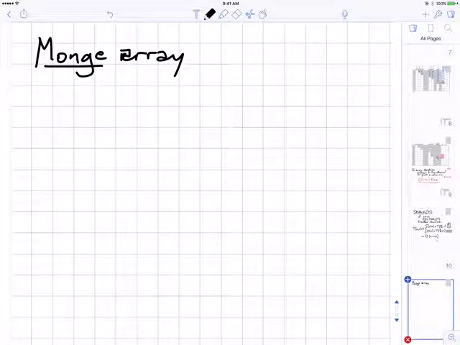So Gaspard Monge was a French geometer who lived in the late 1700s. He was, among other things, interested in constructions of dikes and dams and ship channels and earthworks.